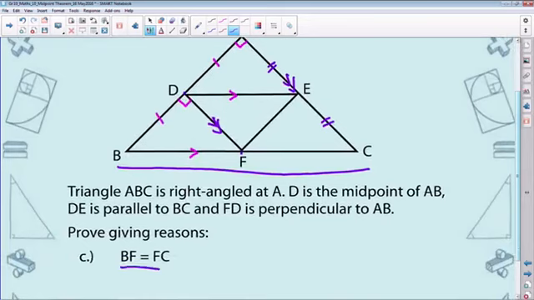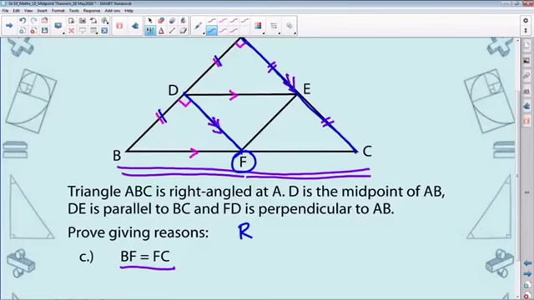Prove, with giving reasons, that BF is equal to FC. Well, that's going to be quite easy to prove. Why? Because we know that this side is equal to that side, and this line over here is parallel to this line over here, and therefore the midpoint theorem states that F is the midpoint.